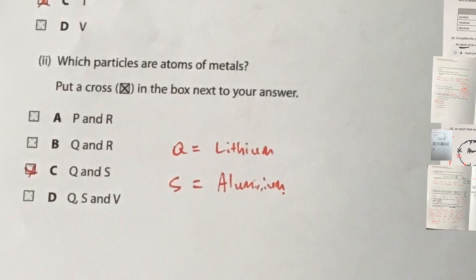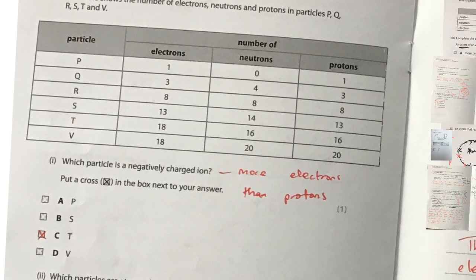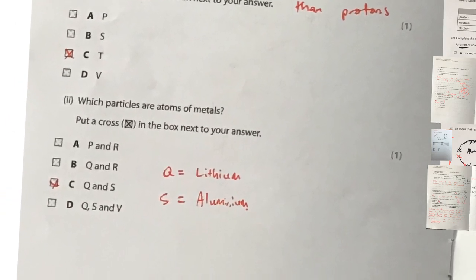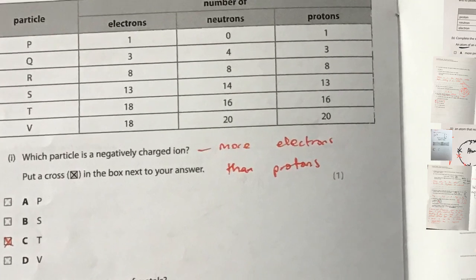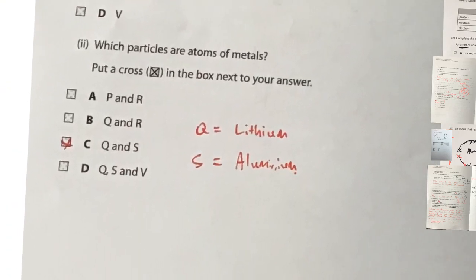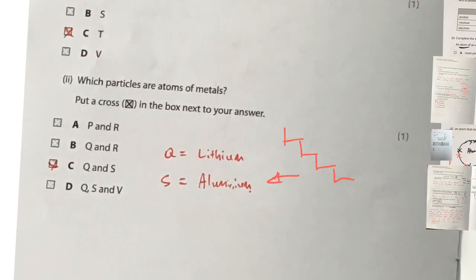Which particles are atoms of metals? Well, we're looking really now at the position in the periodic table. Okay, and I've cross-referenced these. I've used the number of protons in Q and S to find the atomic number, and then I've looked for the elements which are this side of our staircase. They are this side. Okay.